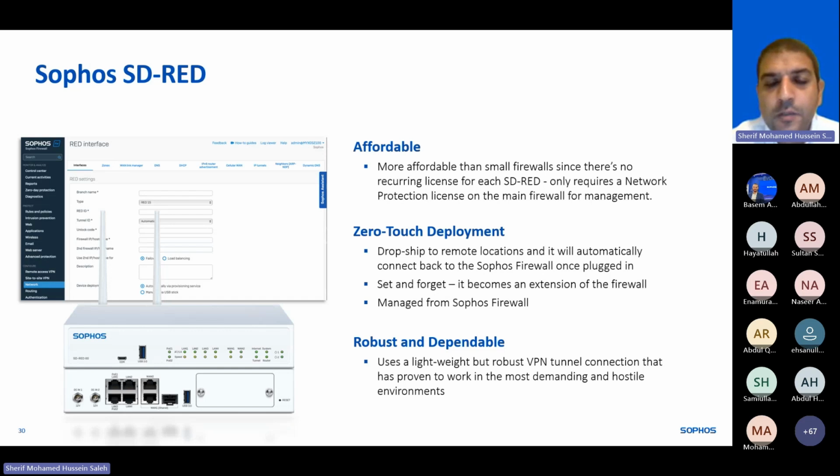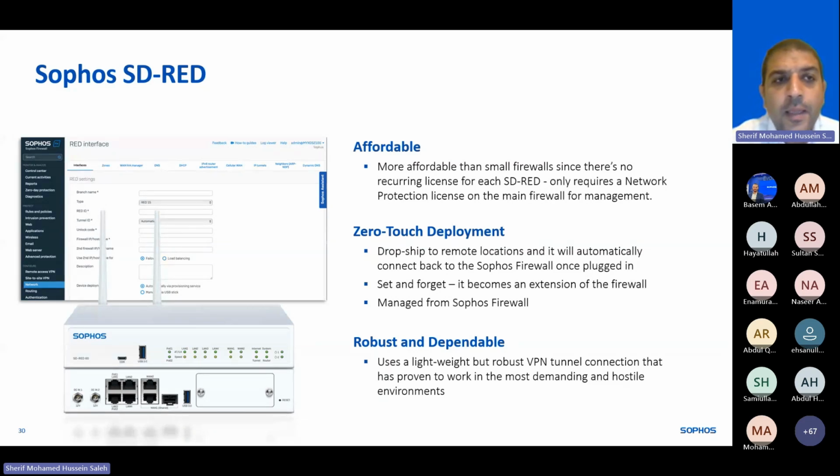You configure the DHCP, the IPs, exactly what traffic needs to be tunneled to the HQ, and the option of split tunneling. So you have different options to connect it, and it is an extension of the firewall.